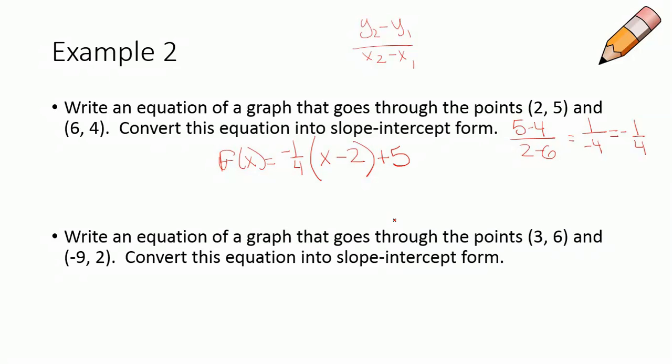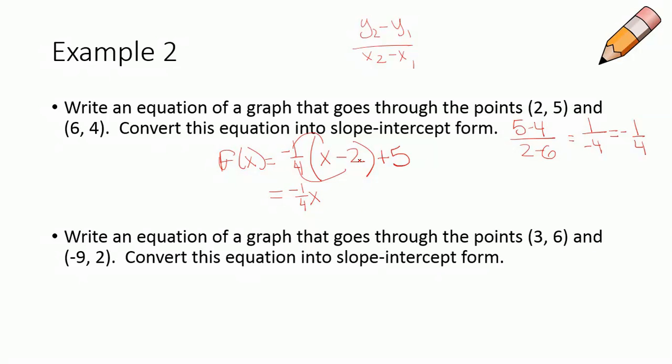Now, I need to convert this equation into slope-intercept form, because if you ever want to graph it on a graphing calculator, you actually need to have it in slope-intercept form. So let's go ahead and change this. To change it, all you have to do is multiply that negative 1/4 in. Not too bad. So negative 1/4 times x is just negative 1/4 x.